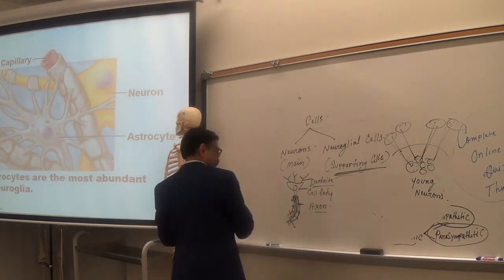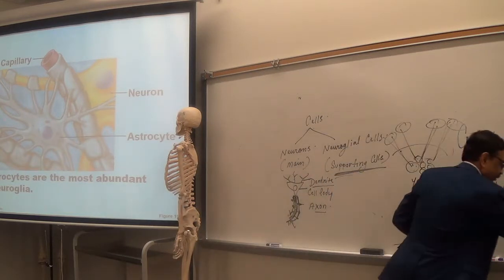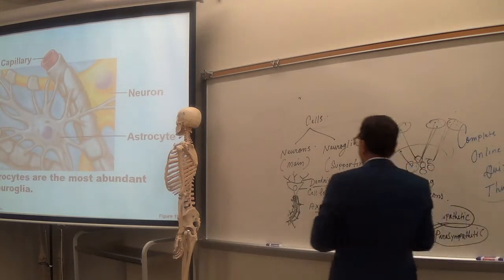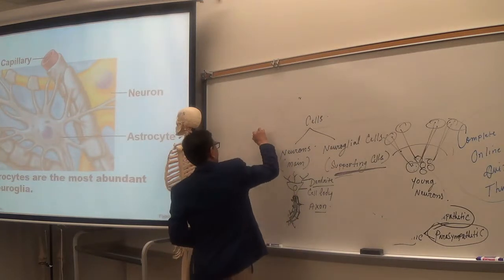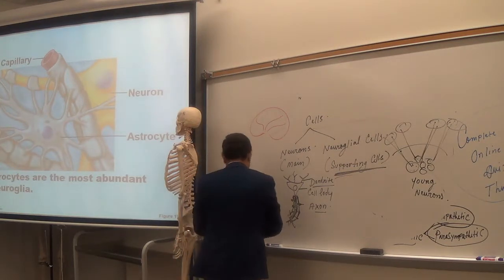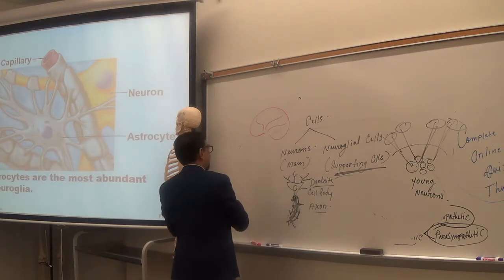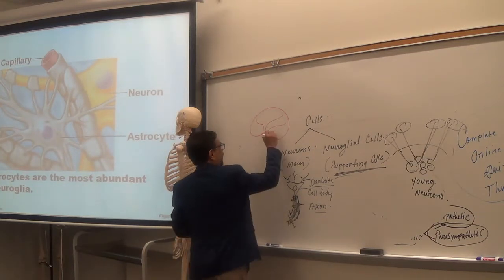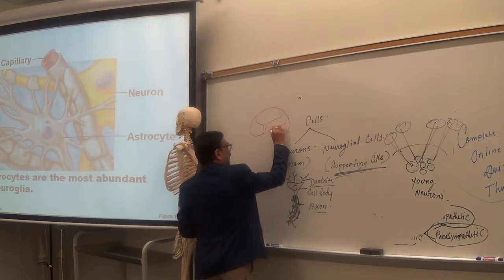Astrocytes. This is the brain again, and inside the brain these are the capillaries. What happens, this is very interesting. Let me draw a capillary here, like this is a capillary in the brain.